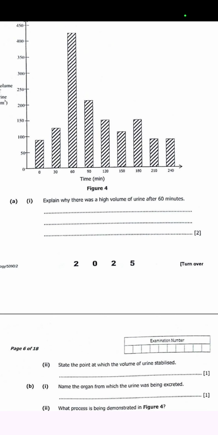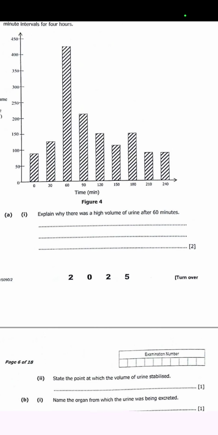Question A1 is saying explain why there was a high volume of urine after 60 minutes. So we've got 60 minutes where we have recorded the highest, and 90 also higher than before 60 minutes.